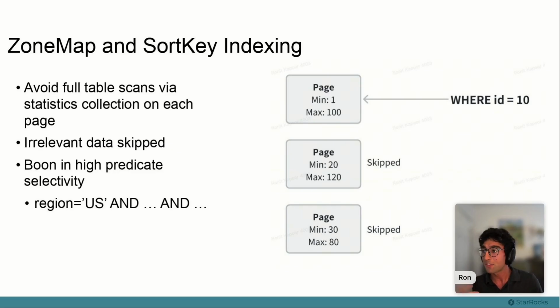And when I have min and max for each of these pages in the segments, I can skip even more irrelevant data. So it's a very big boon in high predicate selectivity. Combining ZoneMap and SortKey, we're able to skip and reduce the full table scans that we had before. So that's a little bit of what ZoneMap is, combined with the dictionary encoding that I discussed before.